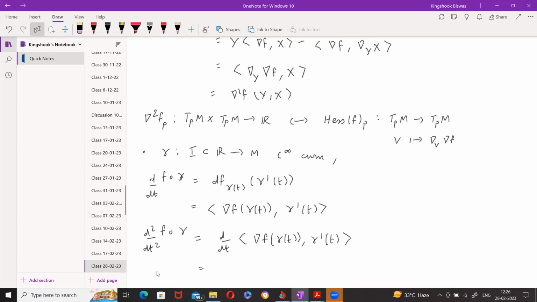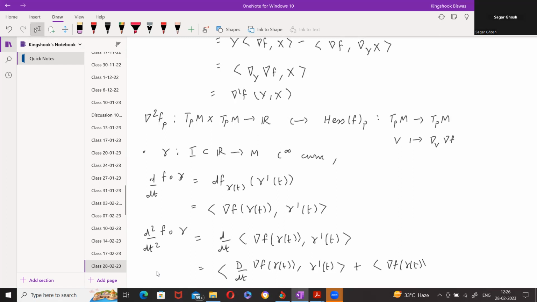This is going to be the inner product of the covariant derivative, capital D sub dt of grad f at gamma t, inner product gamma prime t, plus grad f at gamma t, inner product capital D sub dt of gamma prime, right?